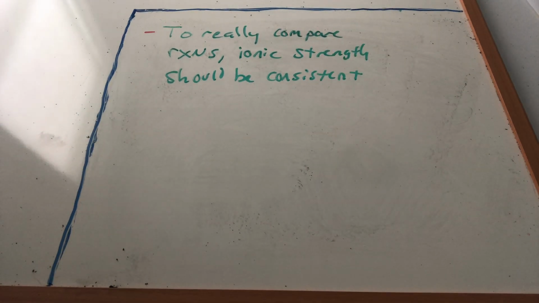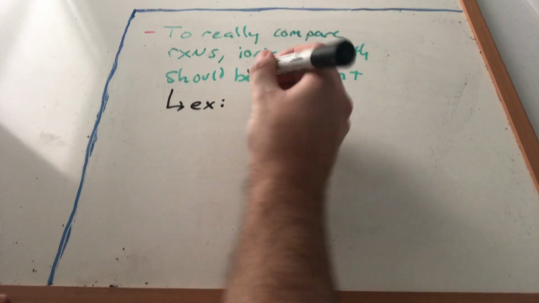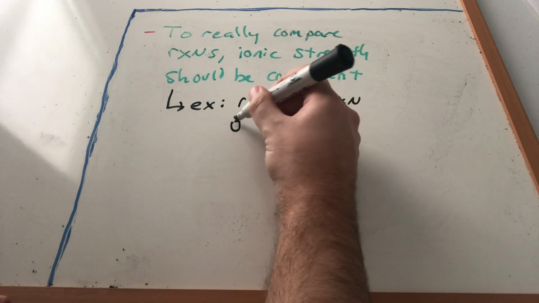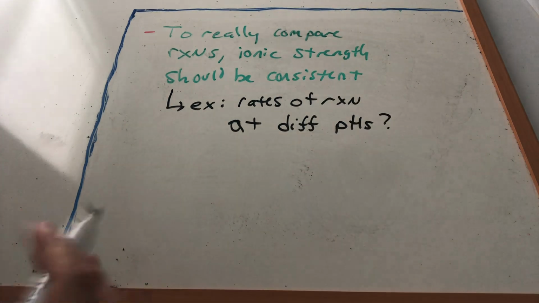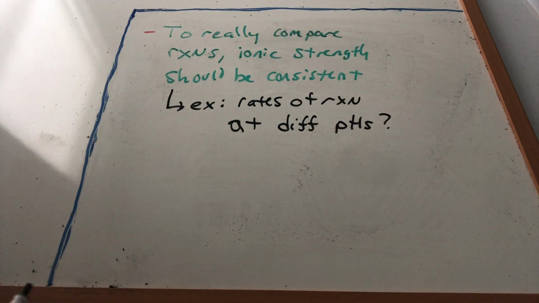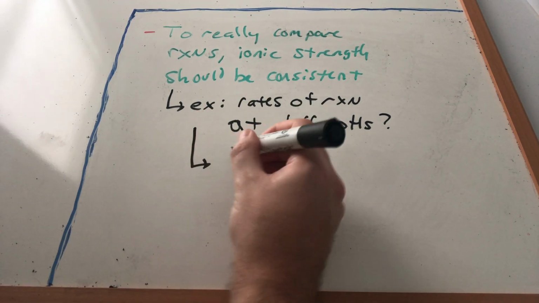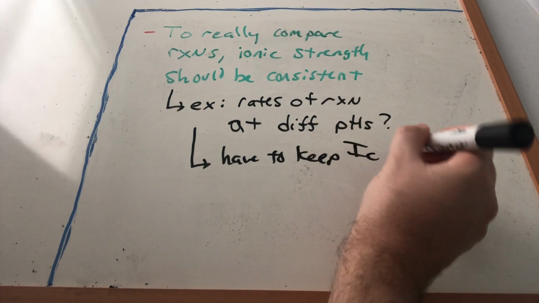So what you'll see in the organic literature, for instance, or other literatures where you're looking at chemical behavior under different conditions, for example rates of reaction at different pHs. One thing you have to ensure when doing these sorts of experimental analyses, now that we understand activity exists, is that you keep IC the same.